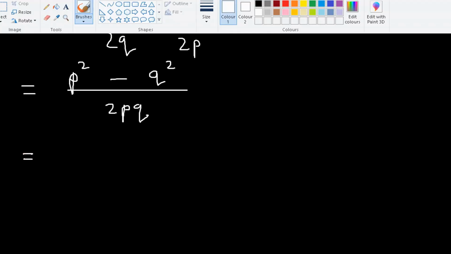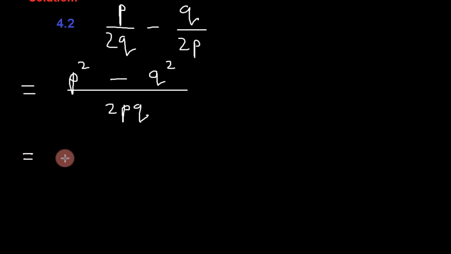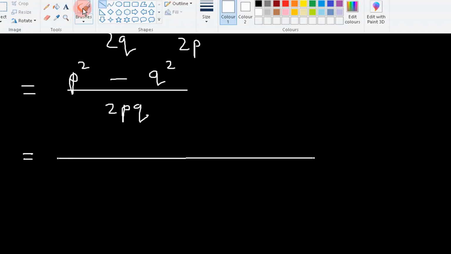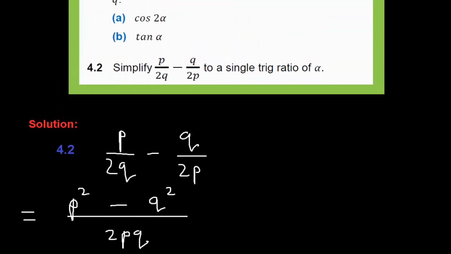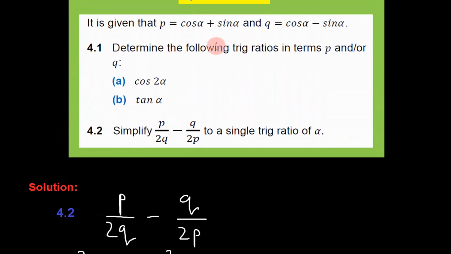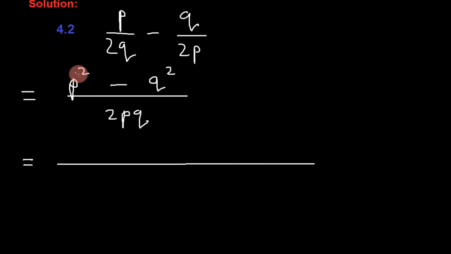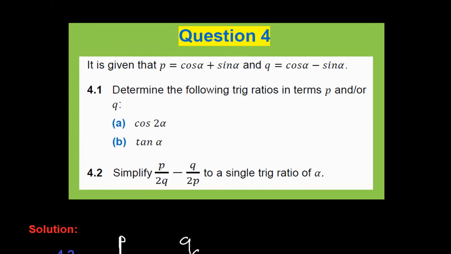Now we're going to bring in the sine and cos of alpha. In order to save space, I'm going to write cos alpha as C, and sine alpha as S. So P squared, we know that P is cos alpha plus sine alpha.